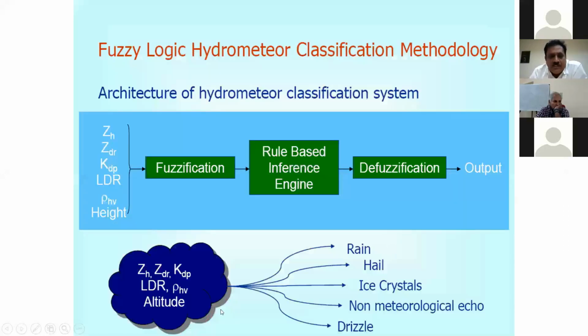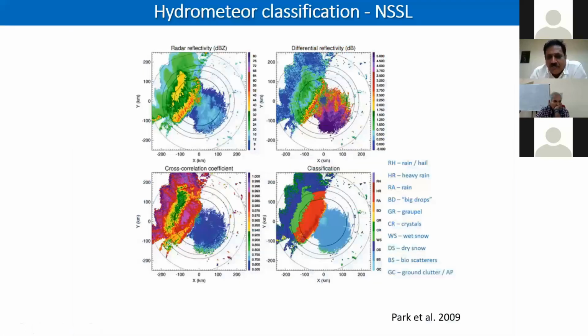In fuzzy logic, you feed in all these parameters, and you know the properties of these things, and based on that you use a known membership function, and then you give scores to all these parameters based on that membership function, and then finally calculate the score for each of these. Then you will get what type of hydrometeor it is.